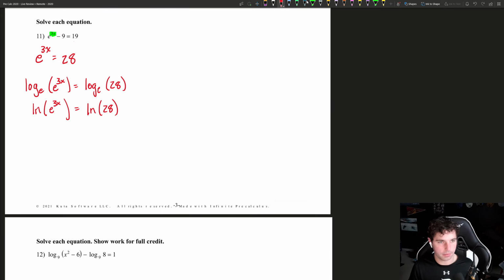They both mean the same thing. And when we do that, this log base e and this e cancel, and the right-hand side just stays the same. So then we're left with 3x is equal to ln of 28. Divide by 3 on both sides, we get ln of 28 divided by 3.